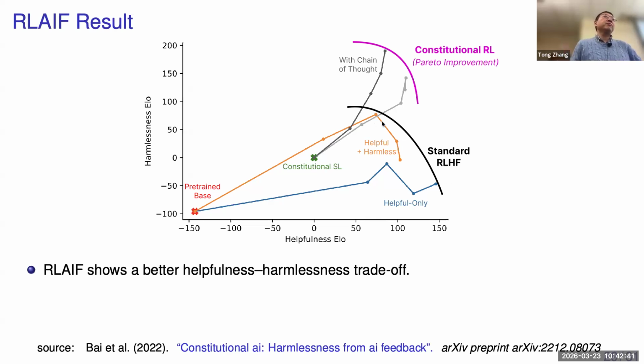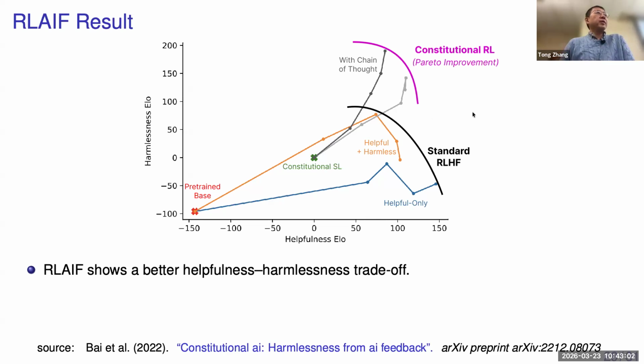Again, it's similar to the reward and KL trade-off. In practice you always have different metrics with a trade-off. This is standard RLHF, with a certain trade-off, and this is the frontier you can get.